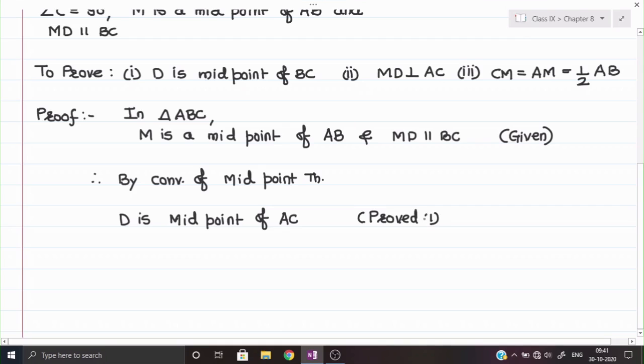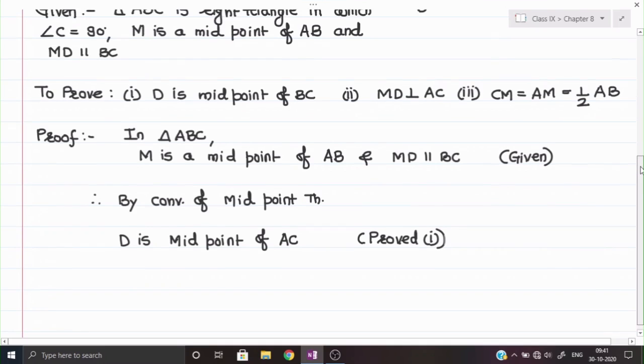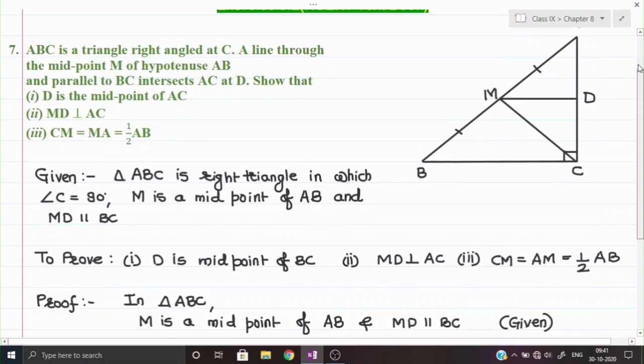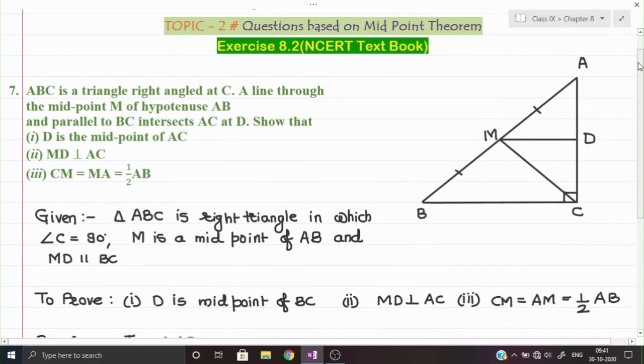Okay, now second part we have to prove here. In the second part, MD is perpendicular to AC. Okay, for that, here I will mark one angle at a point D. Here, suppose one angle, if I mark, the name of that angle is angle number 1. Now look at the side MD and BC carefully. Okay, again please do not see the side CM.